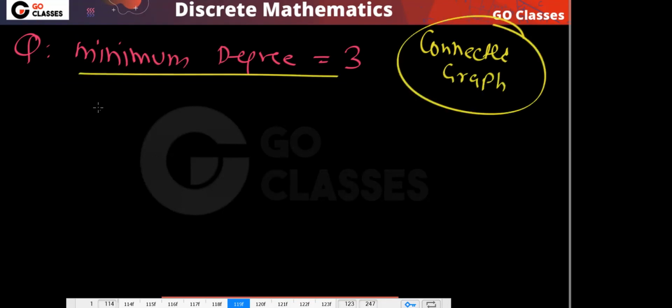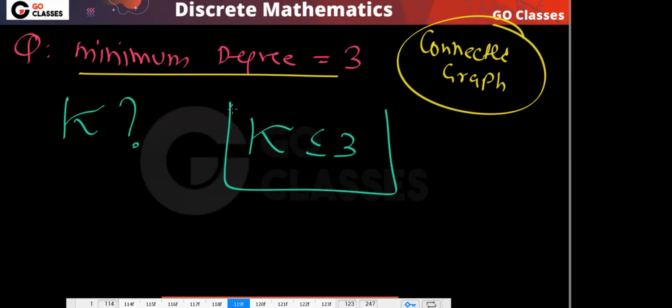Then what can you say about the connectivity number? Can you guarantee that the connectivity number will be less than or equal to 3? If your minimum degree is 3, can we guarantee that kappa will be less than or equal to 3?